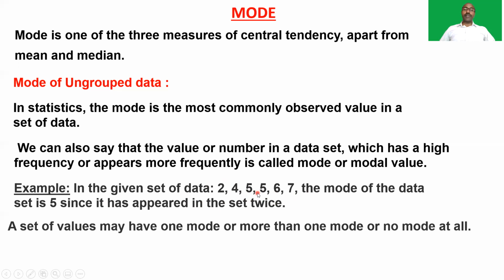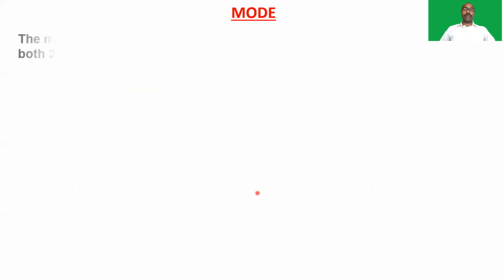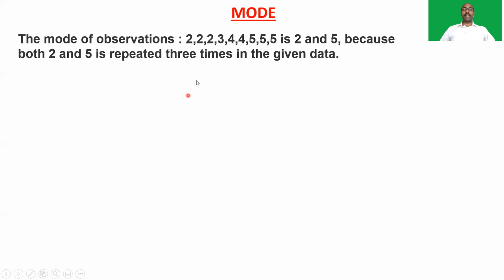A set of values may have one mode or more than one mode or no mode at all. For example, the mode of observations 2, 2, 2, 3, 4, 4, 5, 5, 5 is both 2 and 5 because both 2 and 5 are repeated 3 times in the given data.